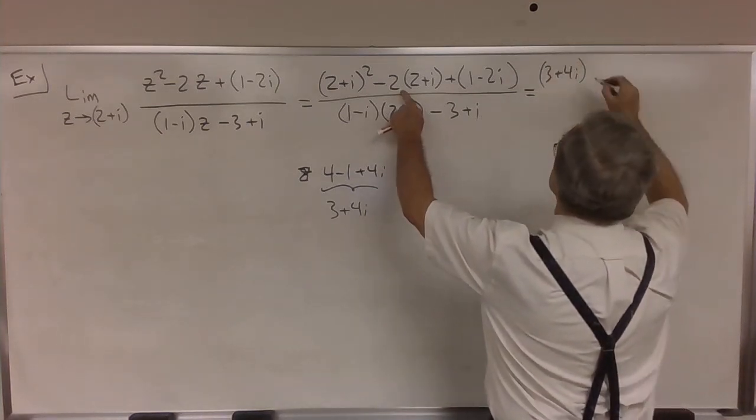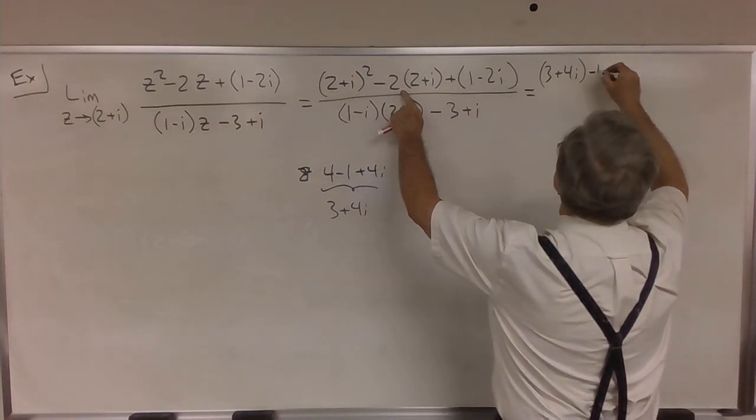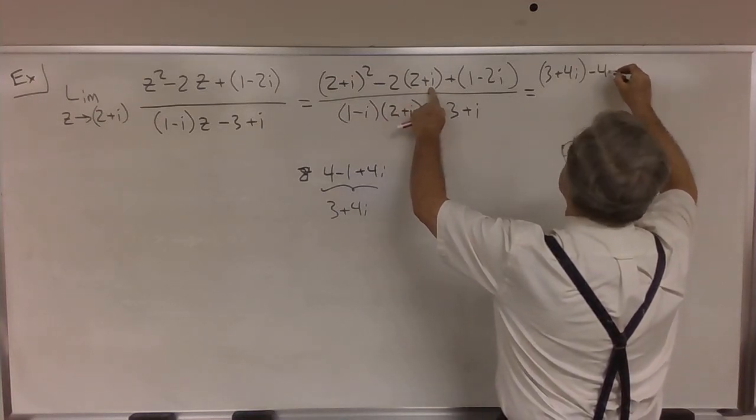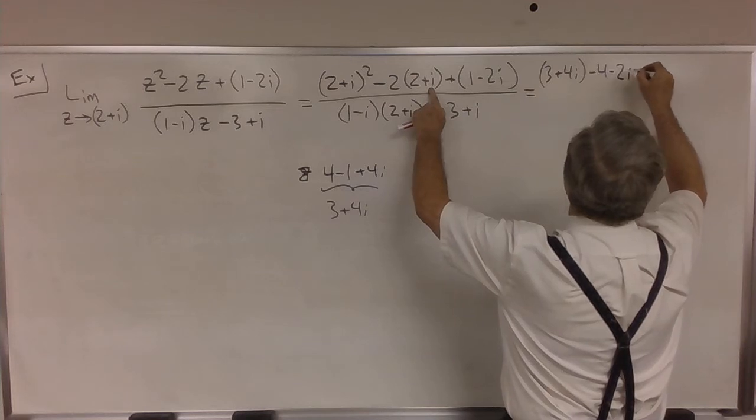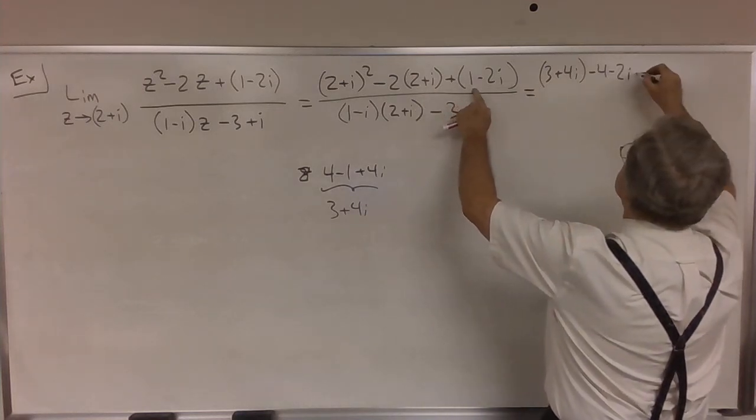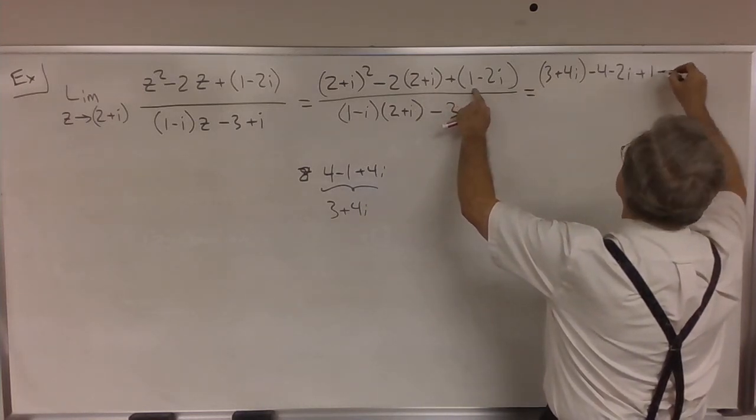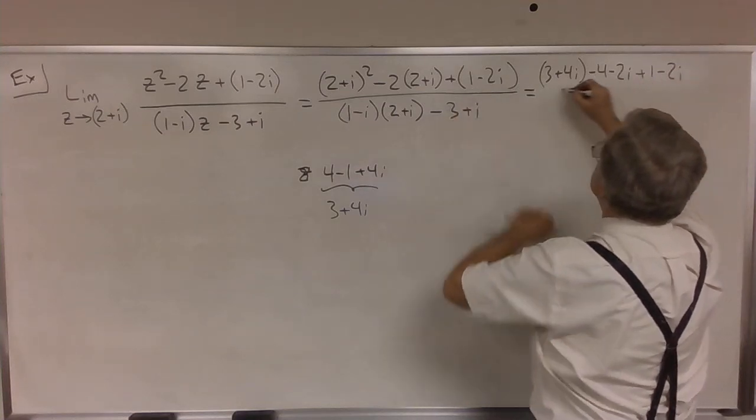And then we get minus 4 minus 2i. And we get plus 1 minus 2i.